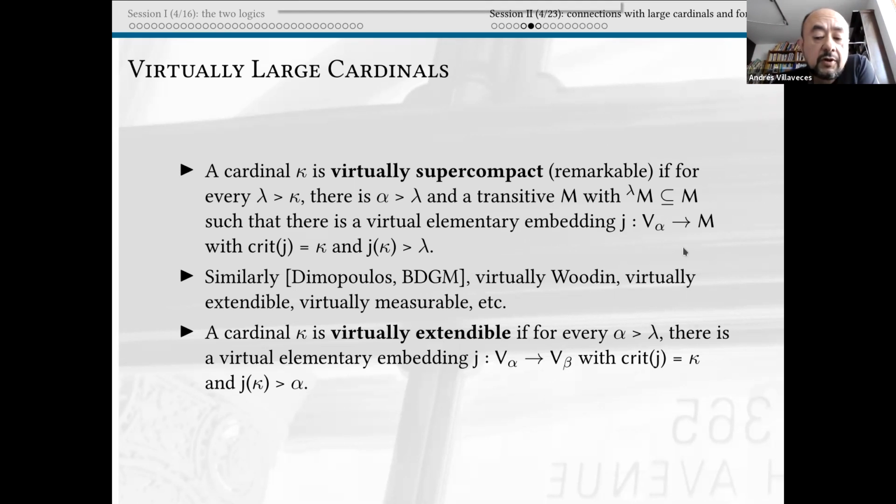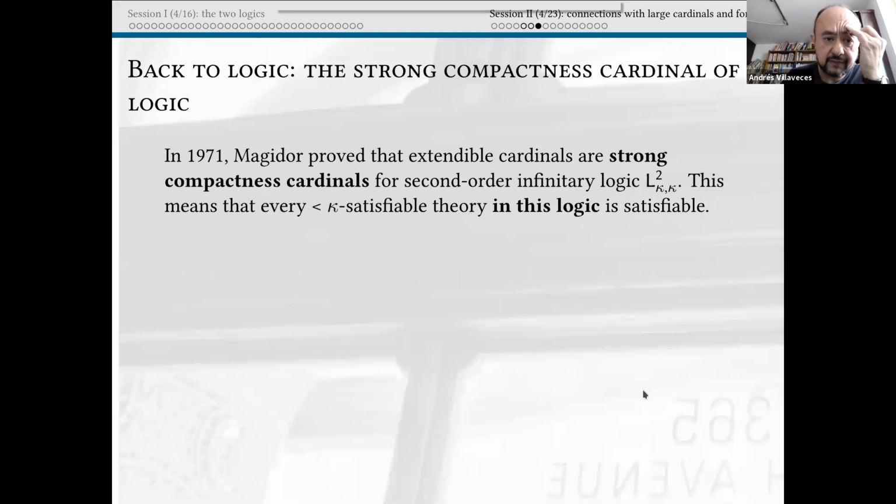And again, with critical point of j equal to kappa and mapping kappa above alpha. So it is very similar. The main difference is the target. This one will not just be closed under lambda sequences, but it will be a whole layer, a whole stratum of the cumulative hierarchy.